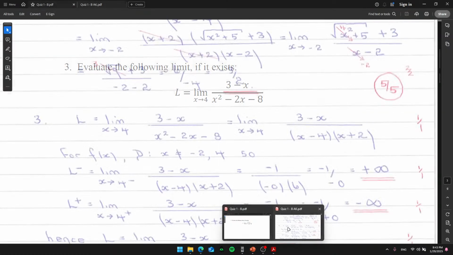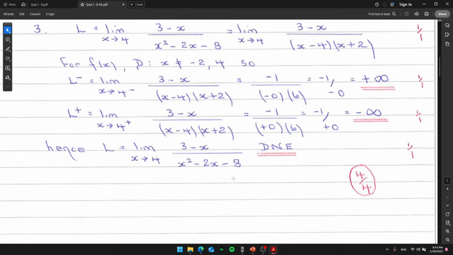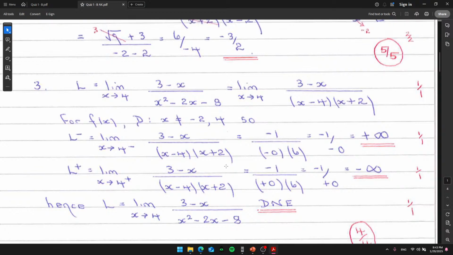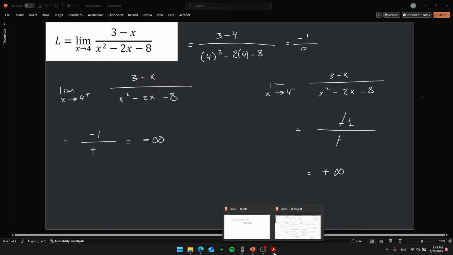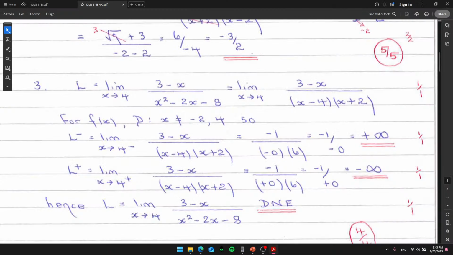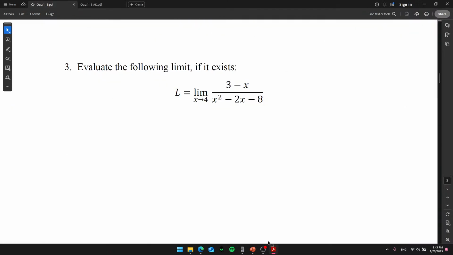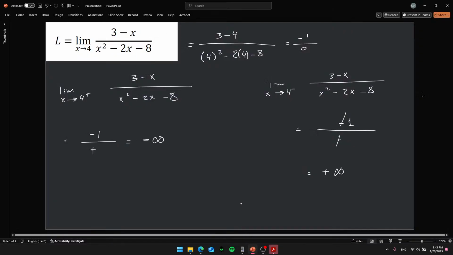Let me check before, yep. So from the left, it gave me positive infinity, and from the right it gave me negative infinity.